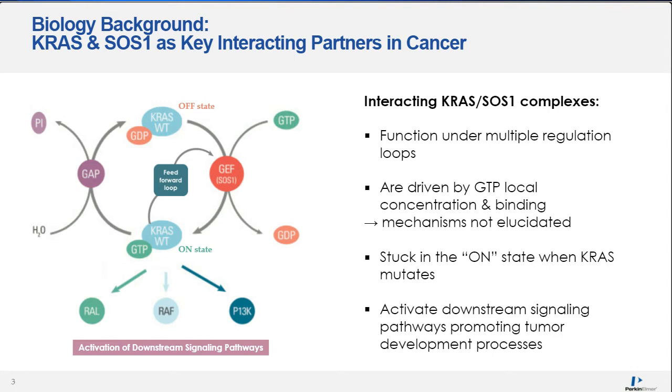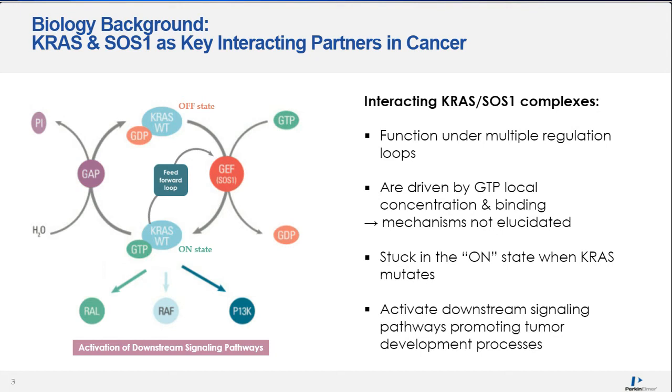Conformational changes in the switch regions allow KRAS proteins to have many potential configurations and interaction with various partners such as guanine nucleotide exchange factors, the GEF, promoting formation of the KRAS GTP-bound active form, the on state; GTPase activating proteins, the GAP, promoting formation of the inactive GDP-bound form, the off state; and effectors promoting activation of downstream cascade of signaling pathways.